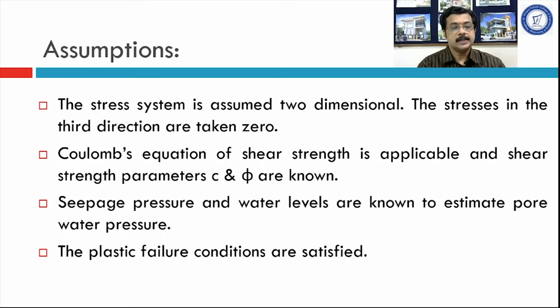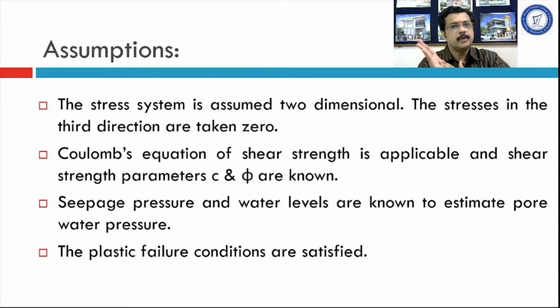The last assumption is that the plastic failure conditions are satisfied. As we all know, slope failure occurs through sliding action. This sliding action may be rotational or it may be translational. Once there is sliding of layers, once it has moved and displaced, it won't come back to its original position.